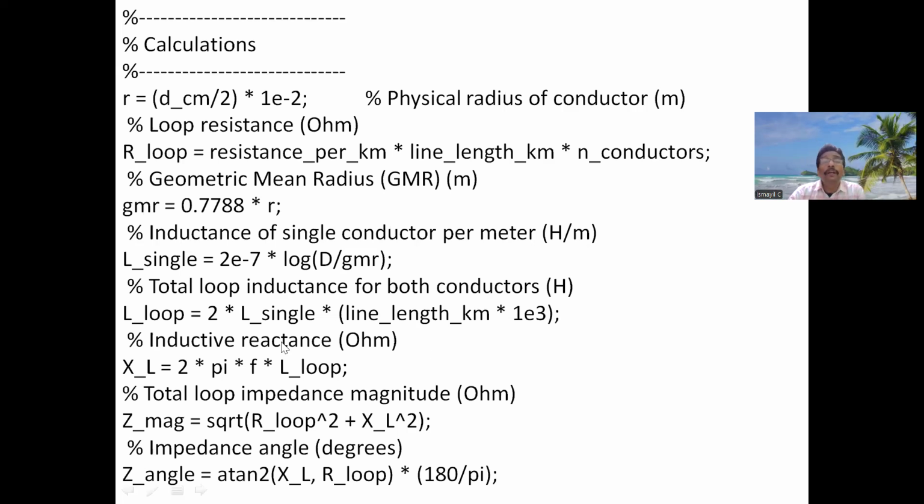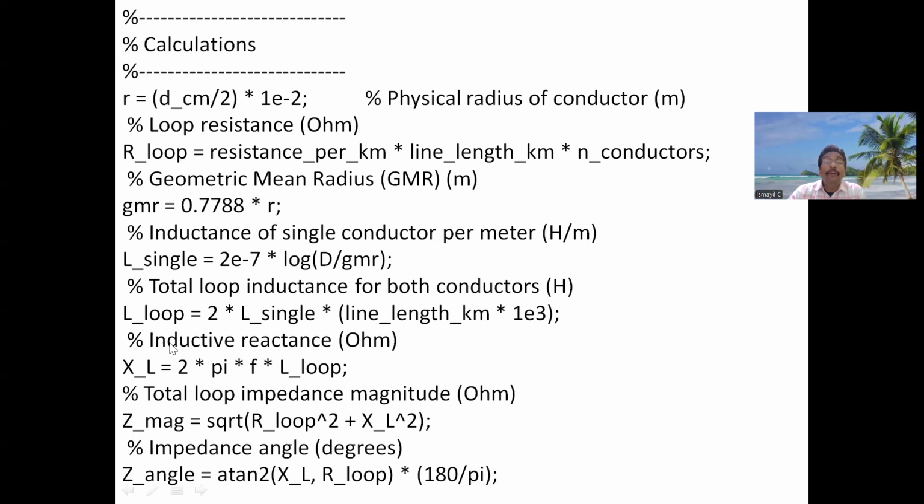For the total or loop inductance, we multiply that single line inductance by 2, as well as by the total length of the line in kilometer, converted into meter. That is why there is 10 raised to 3, which is represented in MATLAB as 1E3. From this we get the total inductance of the transmission line.